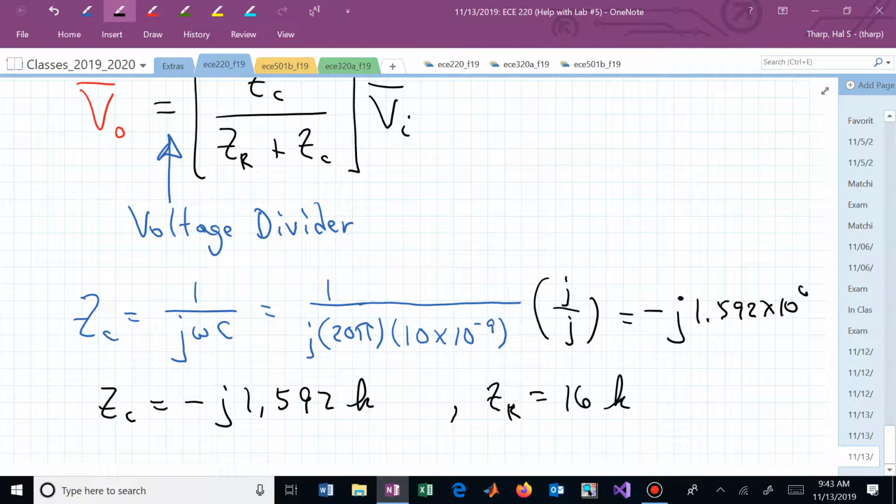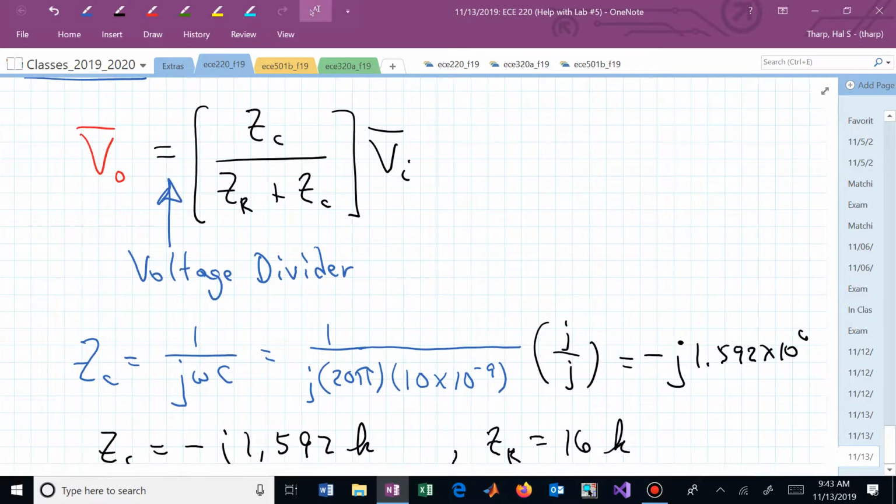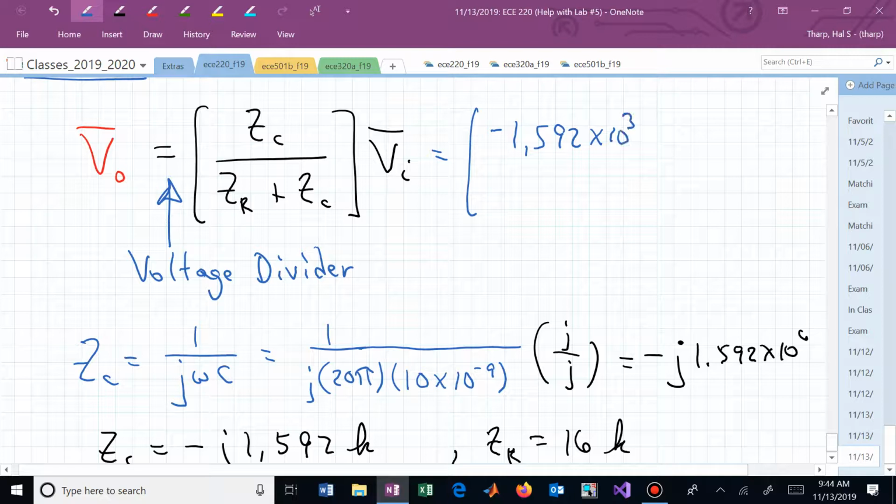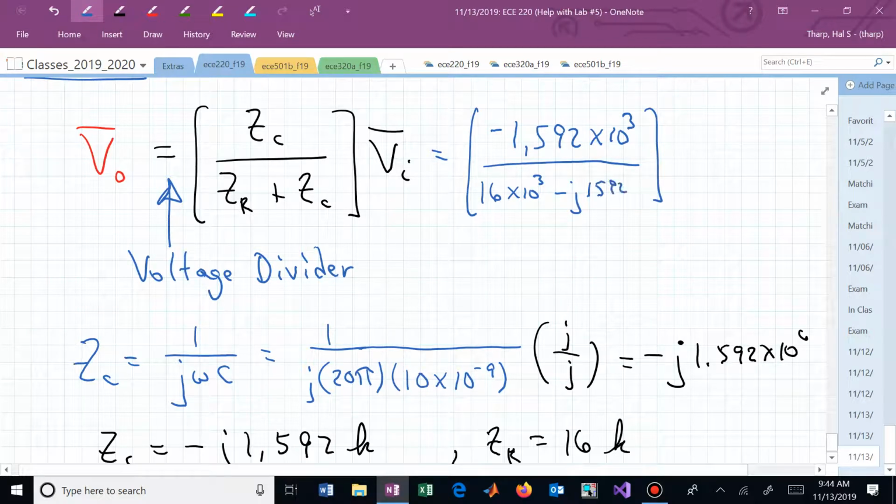1,600 dominates, doesn't it? That's my denominator. If I plug those numbers in up here, I now have minus j 1,592 times 10 to the 3 over 16 times 10 to the 3 plus, well, this is now minus j 1,592 times 10 to the 3, times 1 at 0 degrees.